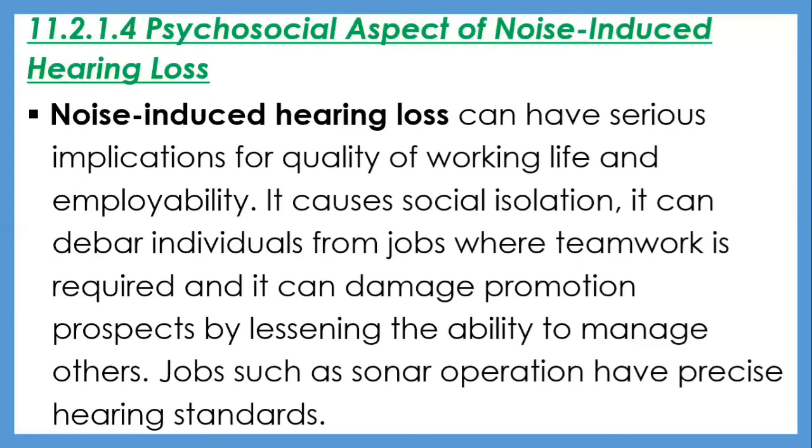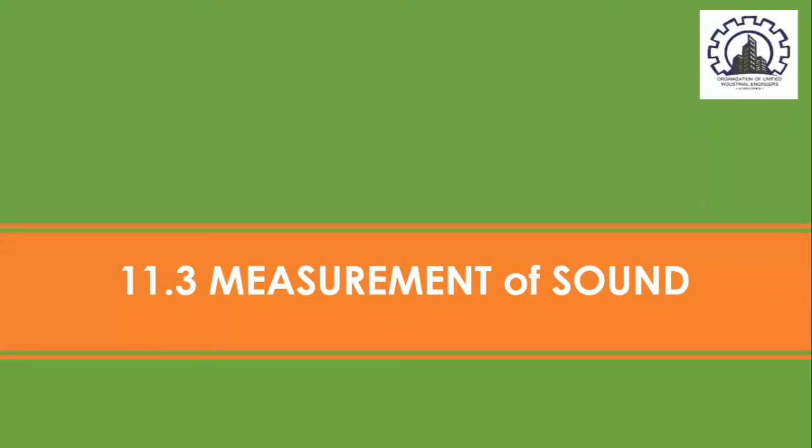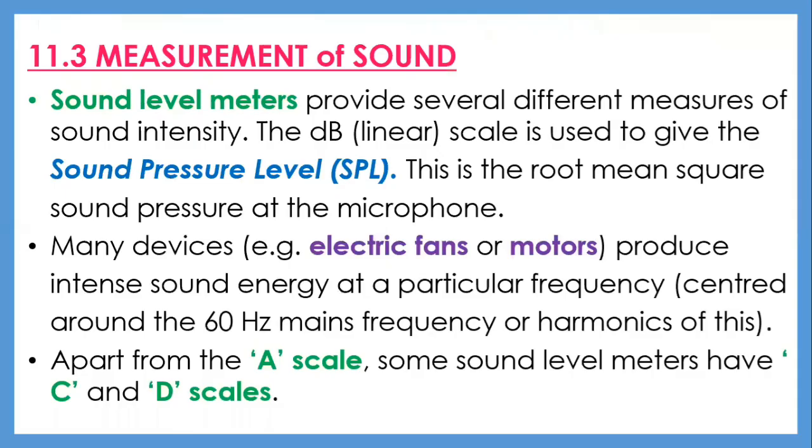And the next key area that we're going to be highlighting right now, that would be the measurement of sound. So when we say sound level meters, they provide several different measures of sound intensity. The dB linear scale is actually used to give the sound pressure level, or SPL. This is the root mean square sound pressure at the microphone.